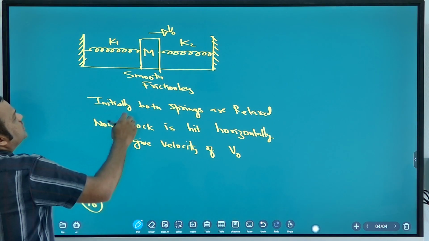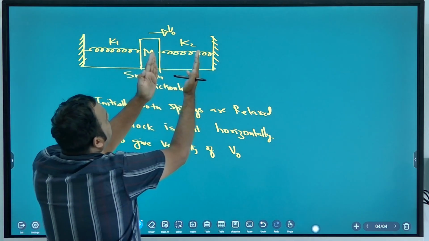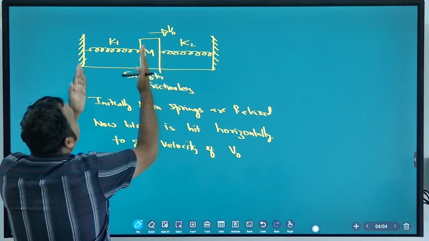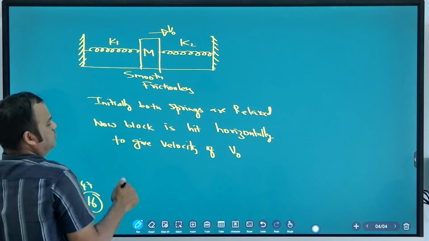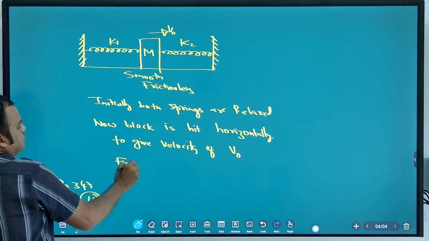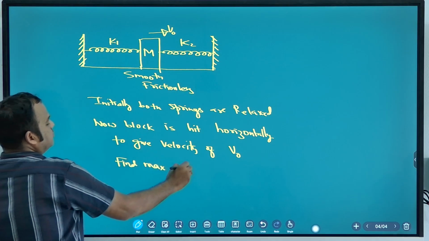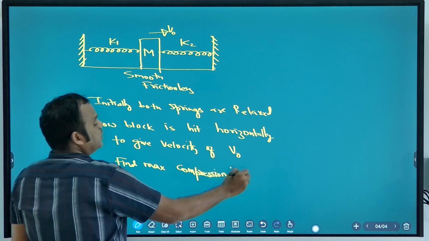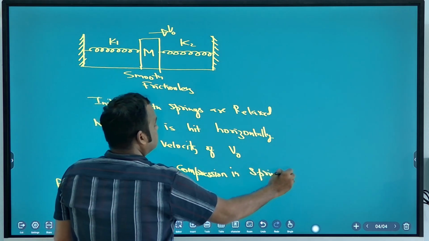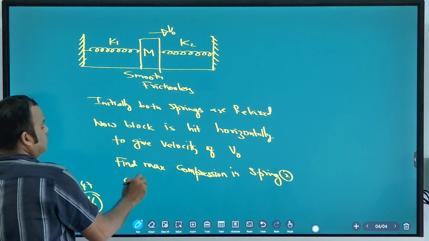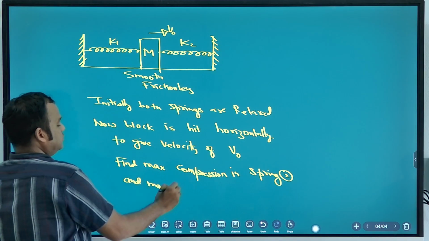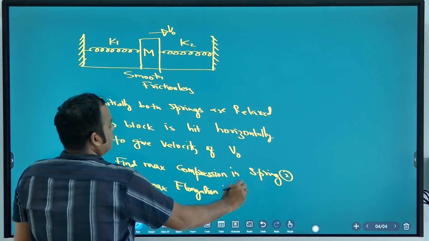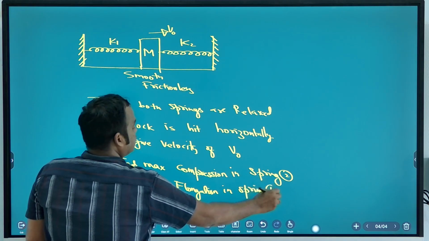So the question is, how much is the maximum compression in spring 2 and what is the maximum elongation in spring 1? Find the maximum compression in spring 2 and maximum elongation in spring 1.